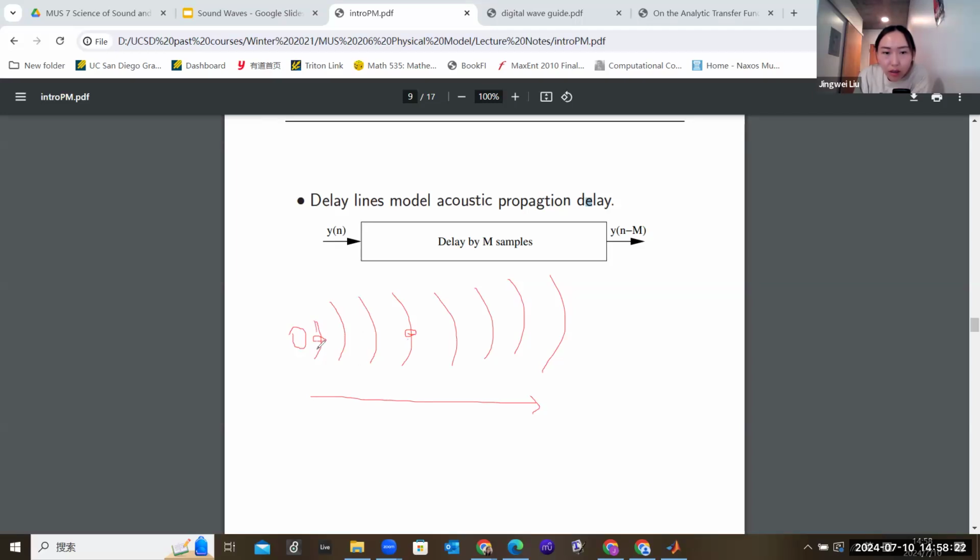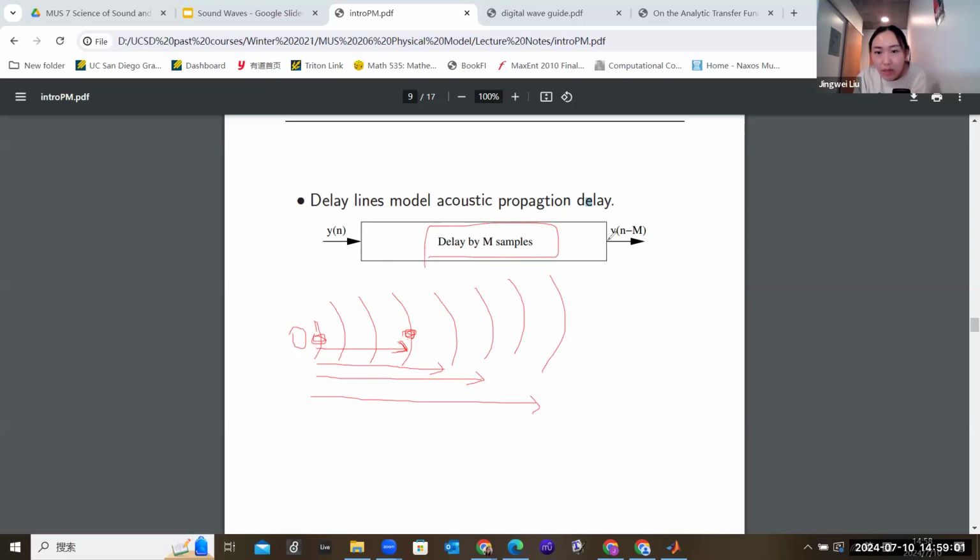The sound can be transmitted from here to here exactly the same, because if there's no interference, when the sound propagates, the sound from here will propagate with no loss until this position. So these two will be the same, it just has some difference over time when it propagates. So this process of traveling or transmission or propagation is modeled by delay line.